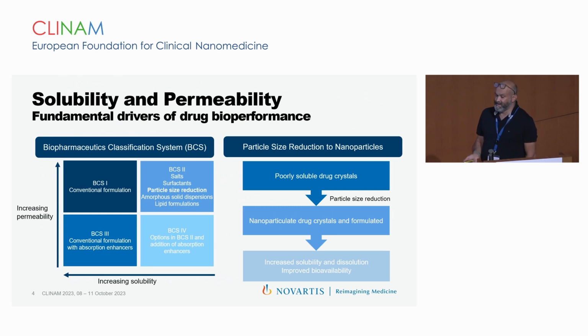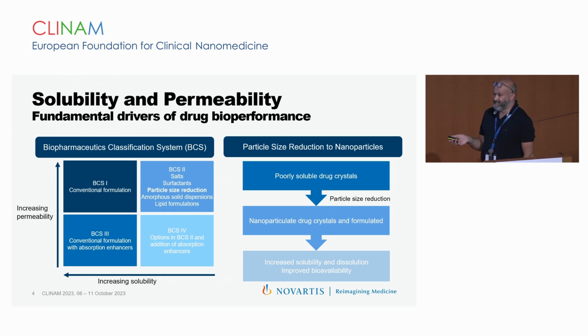BCS class 1 and class 3 compounds have high solubility and are differentiated by permeability. BCS class 2 and 4 have low solubility and are differentiated by permeability.